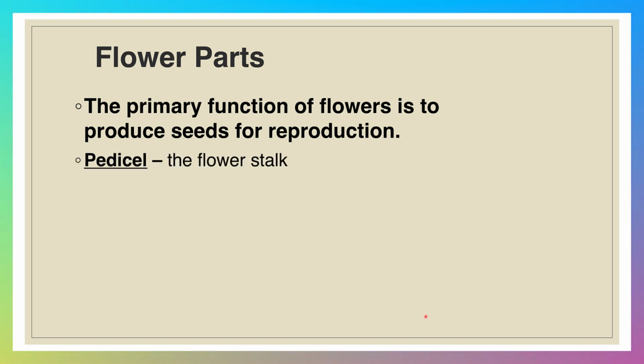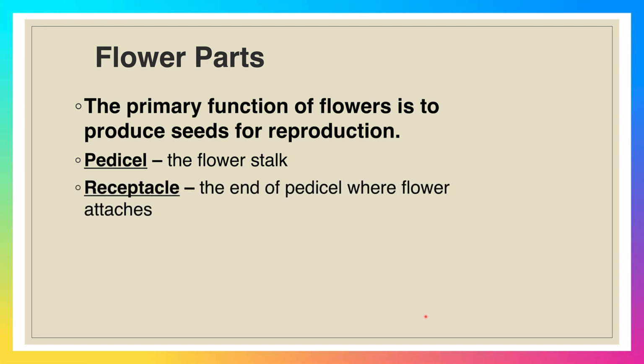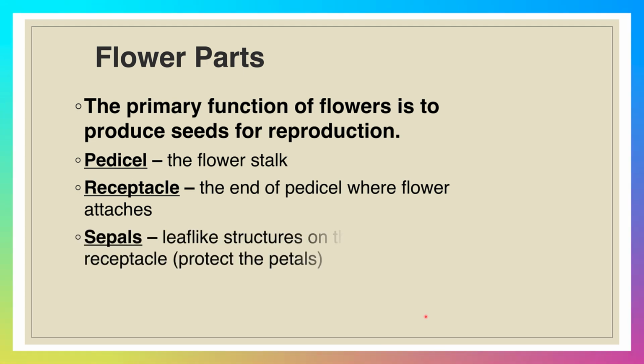The pedicel is the flower stalk, and after I go through the various definitions, there'll be a diagram where I show you where these various parts are on the flower. The receptacle is at the end of the pedicel, where the flower attaches to the pedicel.